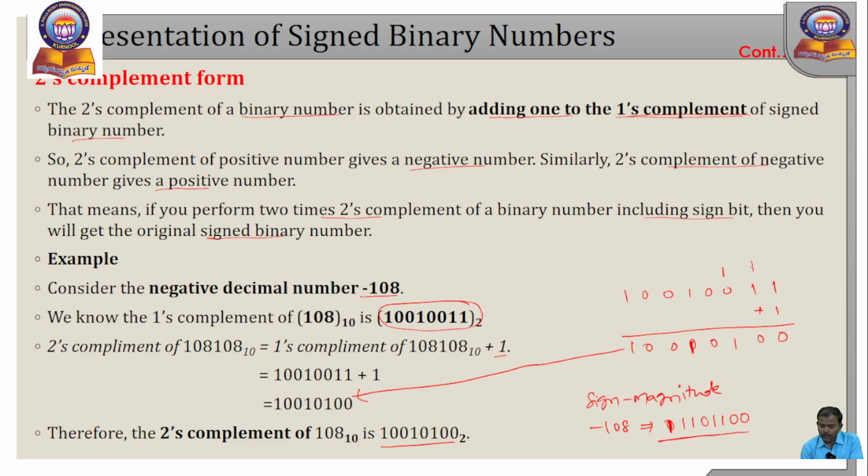This is the sign magnitude representation of minus 108. This is the ones complement, and this is the twos complement. So you can observe that all these three representations are different for negative numbers.